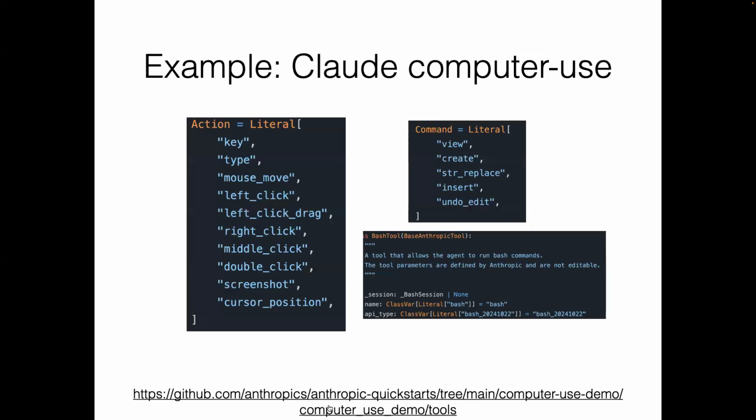They released the user-facing code, and you can see exactly which actions they have: key, type, mouse move, left click, bash tool, and then their file operations, just basic things like view, create, string replace.